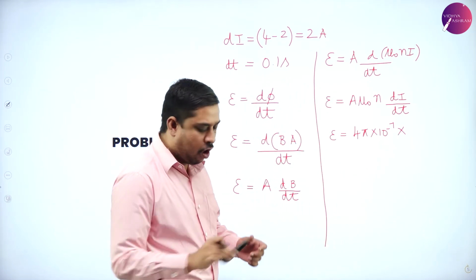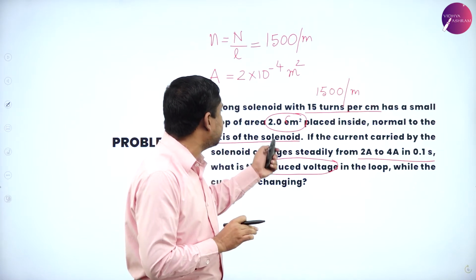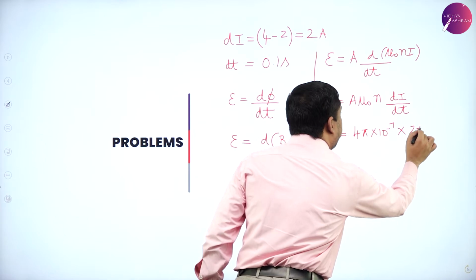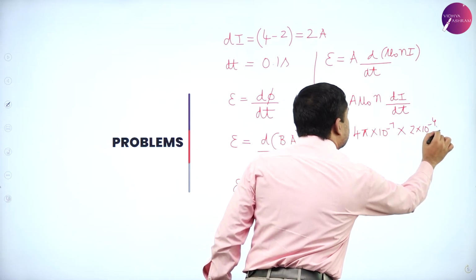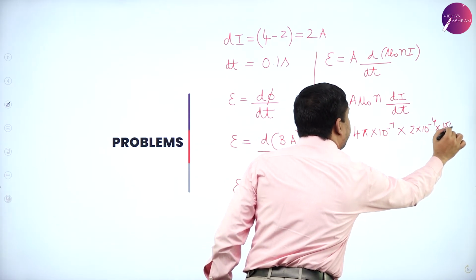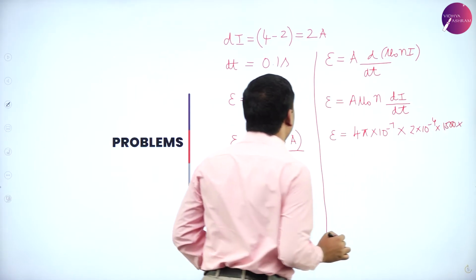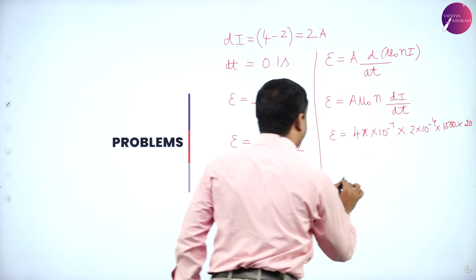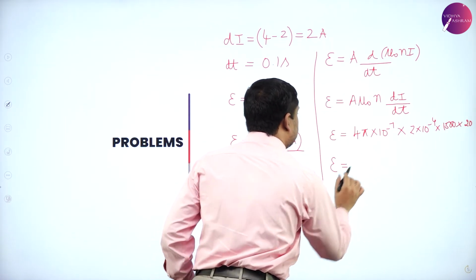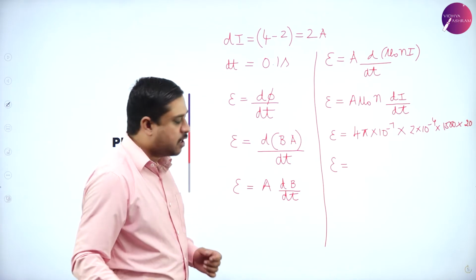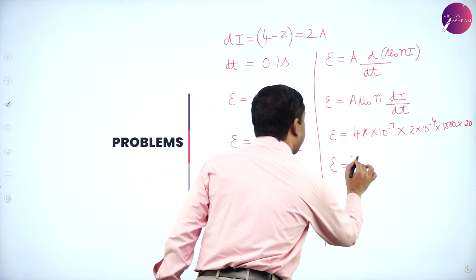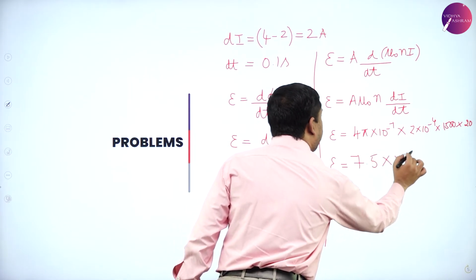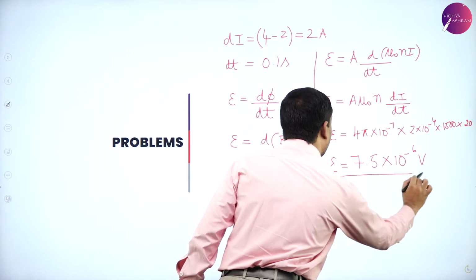Area was 2 centimeters square. So this is 2 into 10 power minus 4. So this is 1500 into 2 by 0.1, 20, which means this is equal to, on simplification, 7.5 into 10 power minus 6 volts.